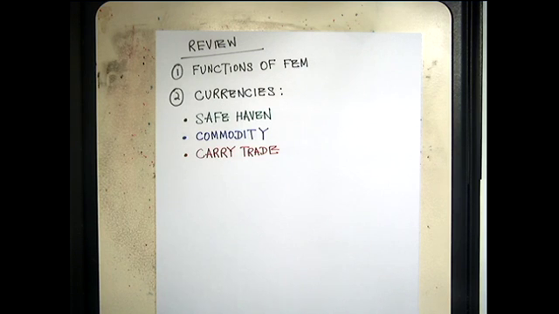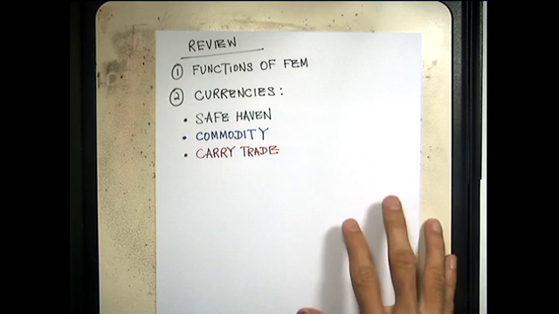Multinational corporations may be exposed to different kinds of exchange rate risk as a result of fluctuations in the exchange rate. So in order to eliminate any uncertainty associated with these fluctuations, sometimes multinational corporations may resort to derivative instruments or other kinds of instruments that will provide some kind of insurance against this kind of risk. So essentially, these are the functions of FAM.